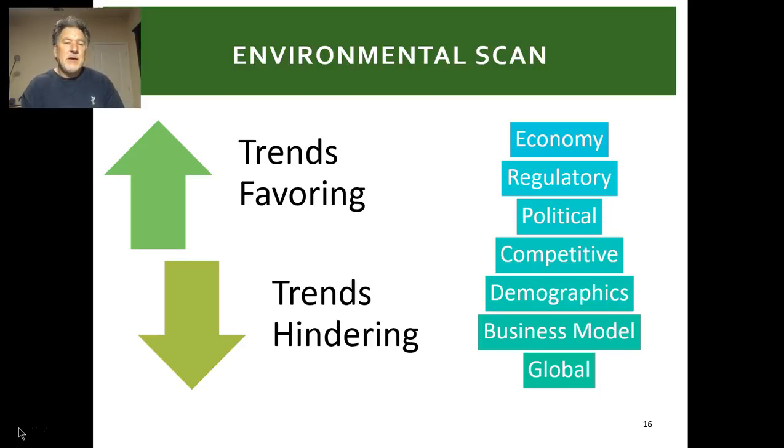A bad economy can just wreak havoc on a business. A very tight regulatory political environment could do terrible things. A heavy competitive marketplace you need to think about. If you have 20 competitors, is that a space you want to be in? You may have new competitors coming in, or changing demographics that favor your marketplace. And it goes on and on.